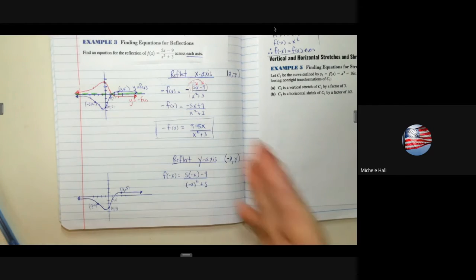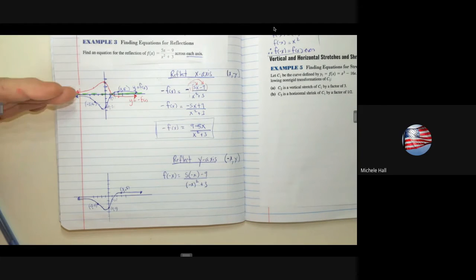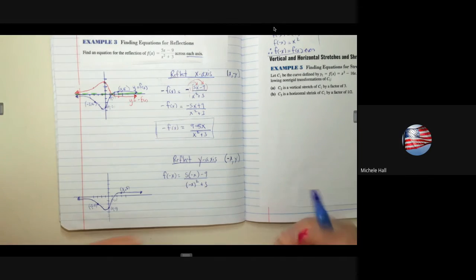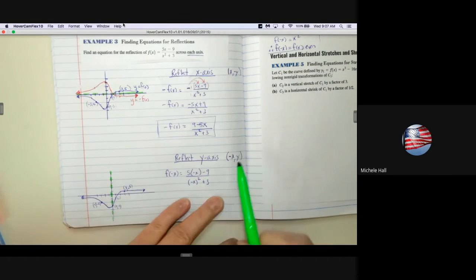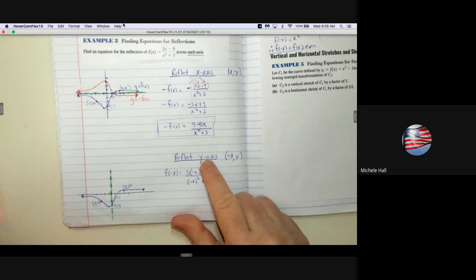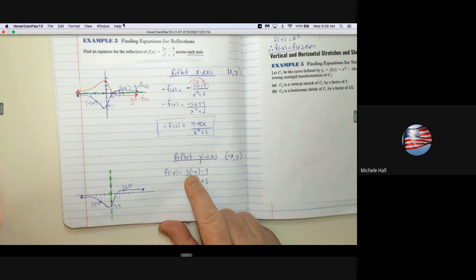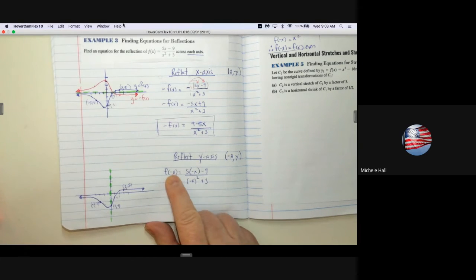I could have used my equation, found some points, but it's just as easy to reflect using the picture. Okay, reflecting across the y-axis. That means that we are going to negate all of our x values. Reflecting across the y-axis means negating x. So here is the function algebraically. I am negating all of the x values.